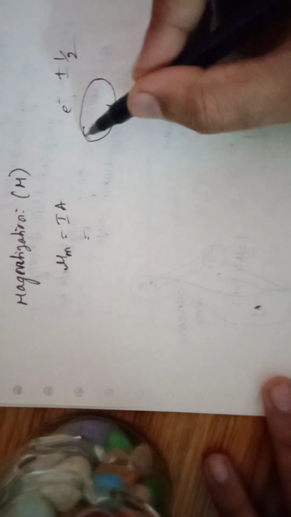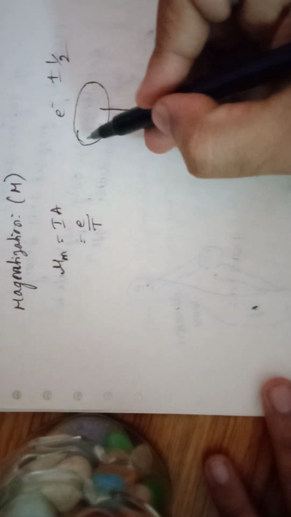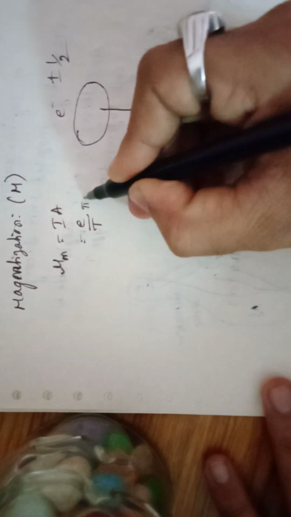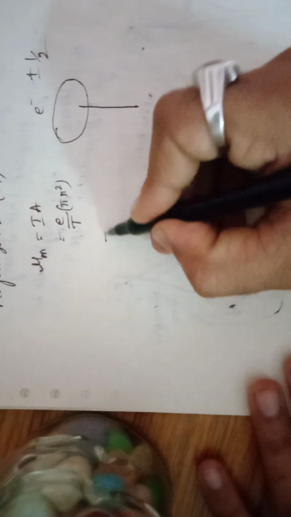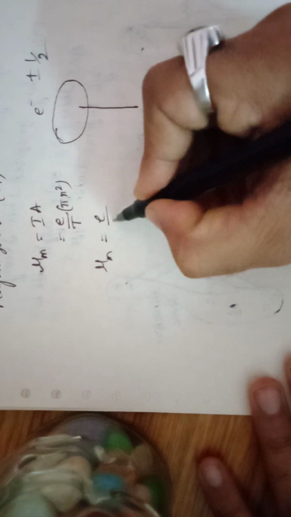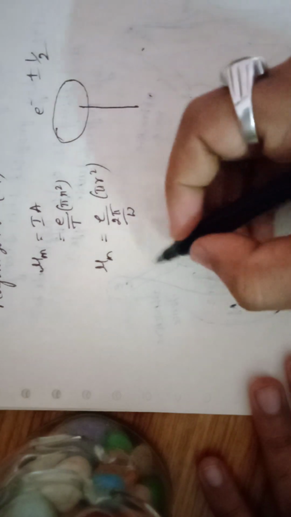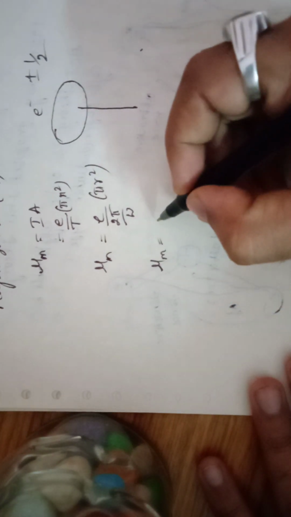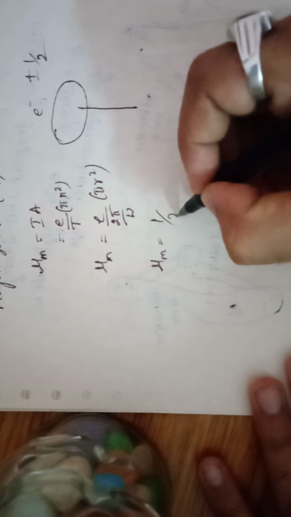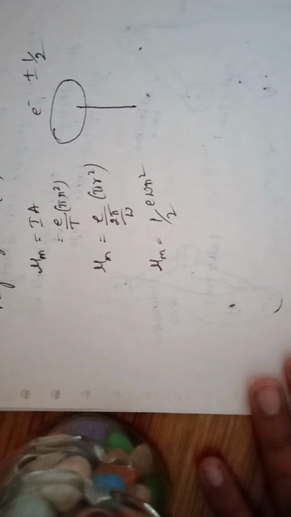Because of the revolution, there is a current, which is charge per time period, with an area. The electron is revolving in a circle, so the area is pi r square. The magnetic moment is equal to E by T, where T is the time period, that is E by 2 pi by omega into pi r square. So pi gets cancelled, and the magnetic moment is equal to half E omega r square.